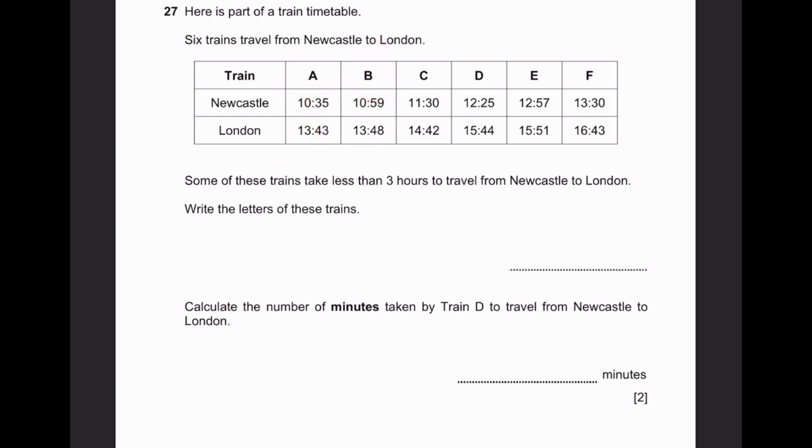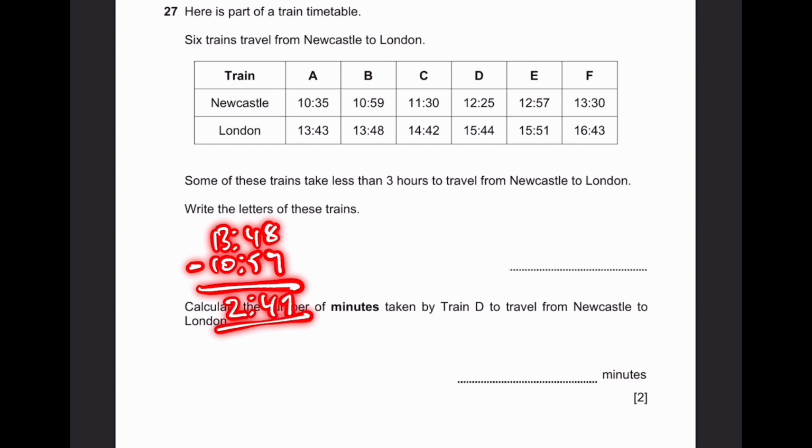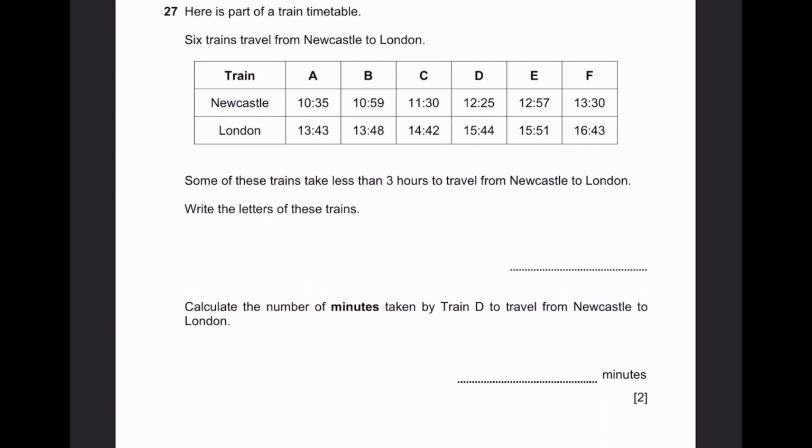Train B, 13:48 minus 10:59. We get 2 hours and 49 minutes, which is less than 3. So it gets less than 3 hours, which means that this actually can be counted. So B. Next we have C, 14:42 minus 11:30.